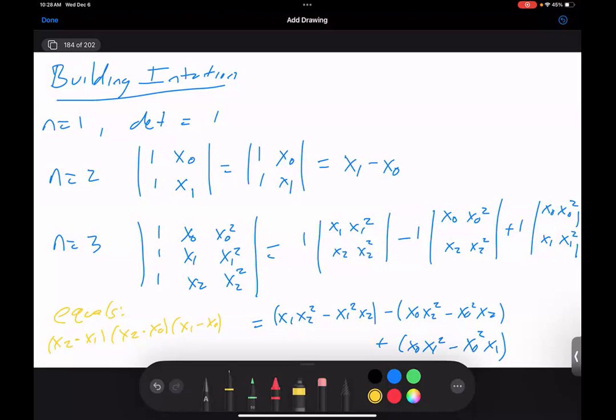Well, what does it mean if a polynomial is divisible by x2 minus x1? So remember, x2 and x1 are completely free parameters. What would it mean if I tell you that you are a multiple of x2 minus x1? So what must be true if you're a multiple of x2 minus x1?